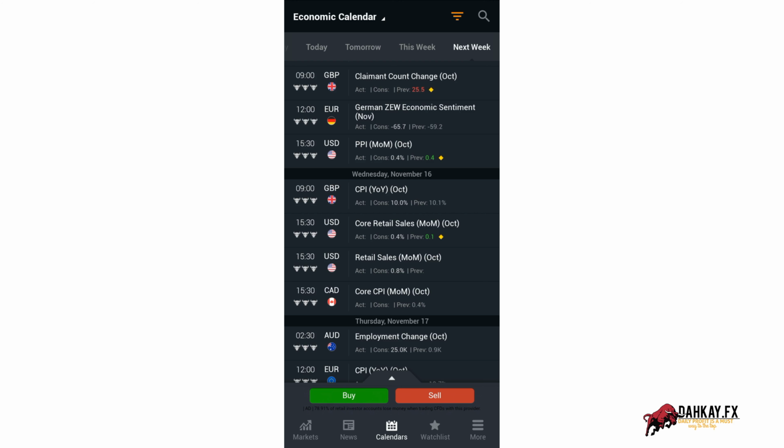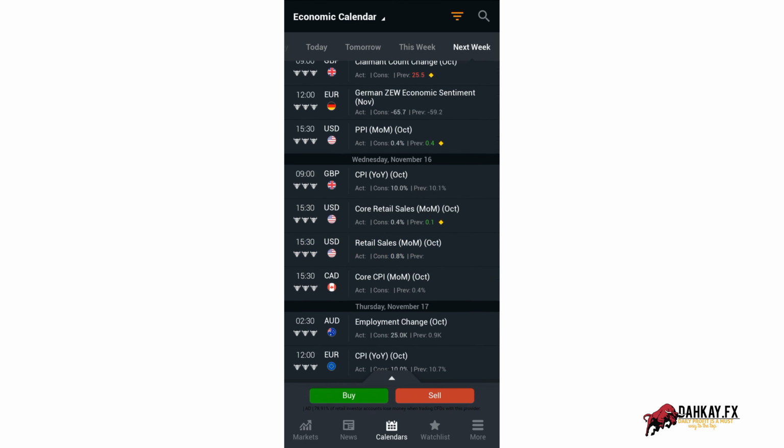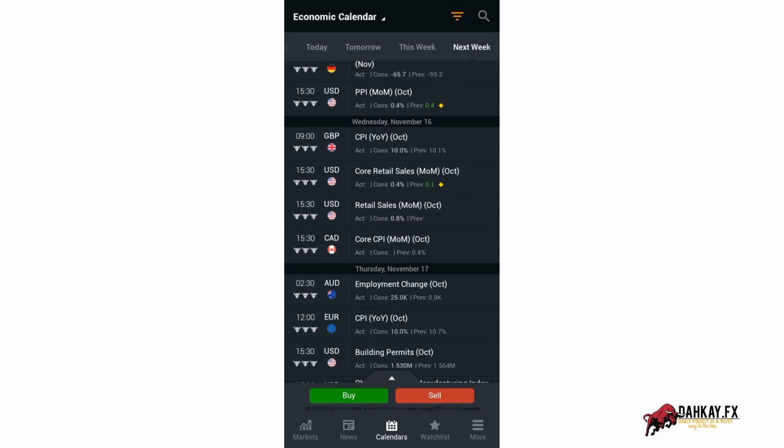As you can see, I neglected the claimant count change and average earnings index for the GBP because those are small events. We only focus on big events to trade if you want to trade fundamentals.